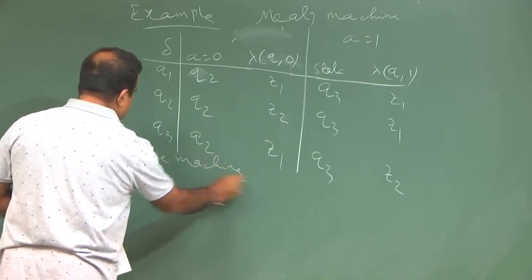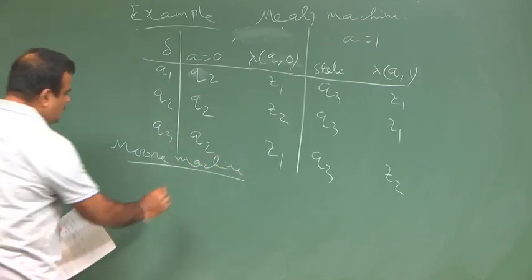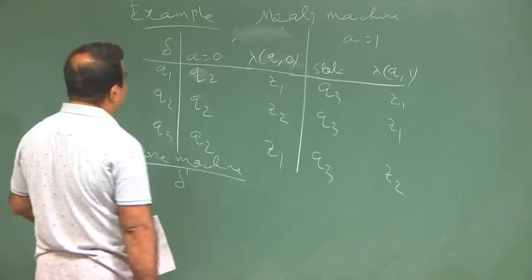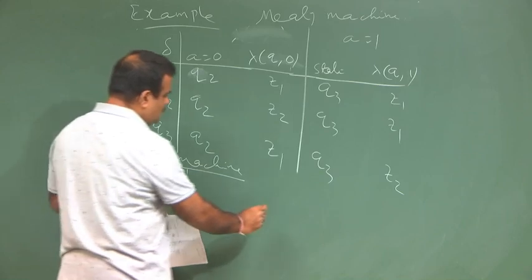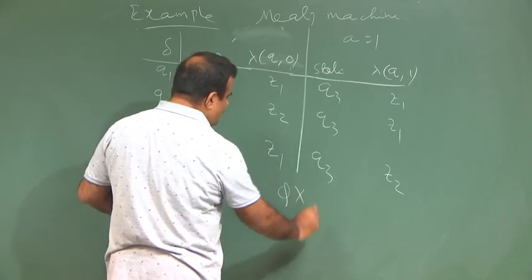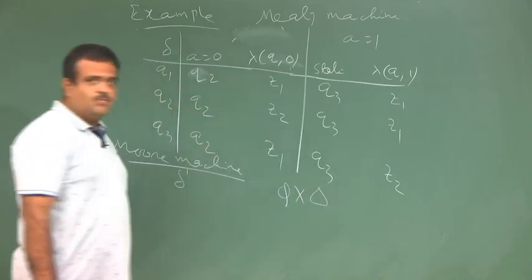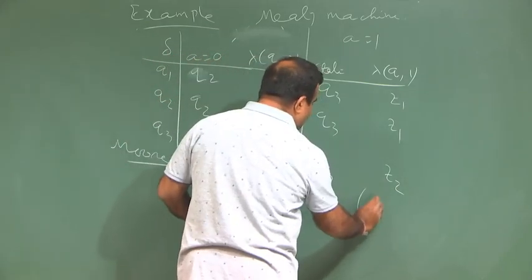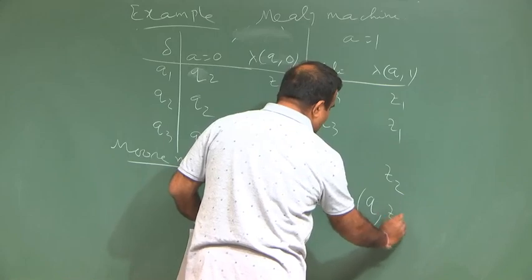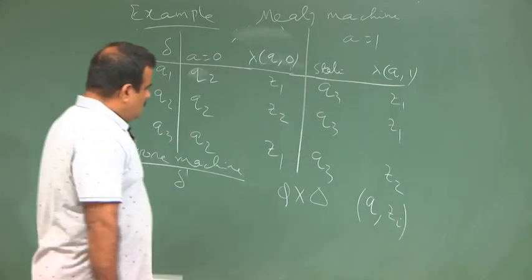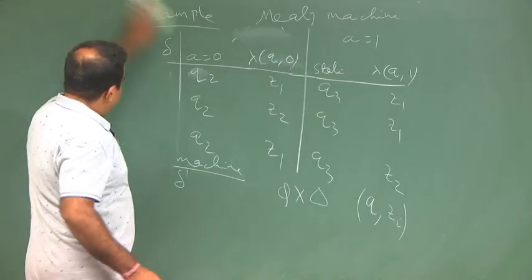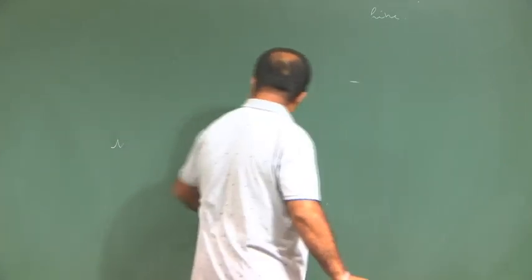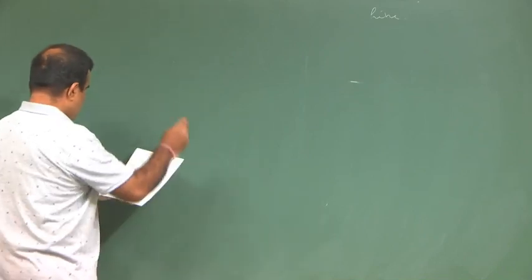We have delta prime, and the new states are of the form q comma output alphabet, so all states are pairs of q comma some z i.